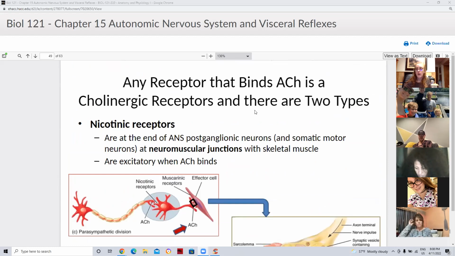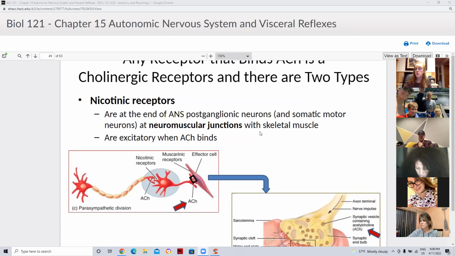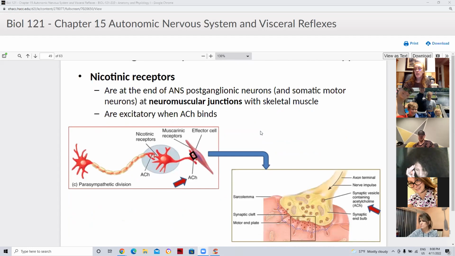Nicotinic receptors are also found at all neuromuscular junctions and somatic motor neurons.